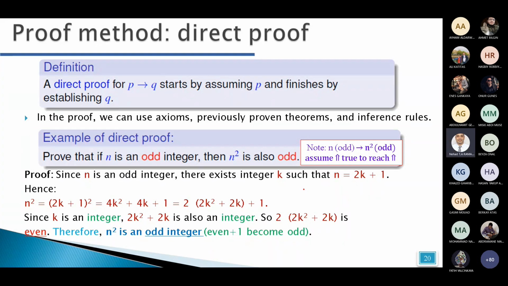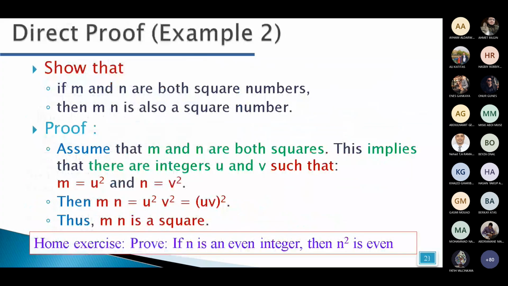Let's take another example. Show that if m and n are both square numbers. What's the meaning of square numbers? If you have a number m and you take its root, you will get an integer value.